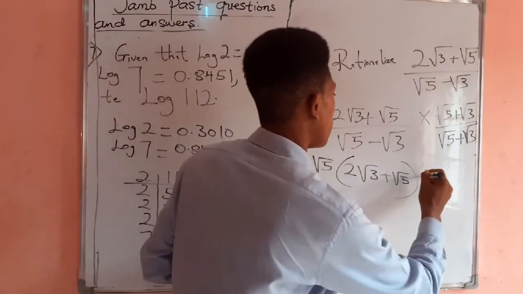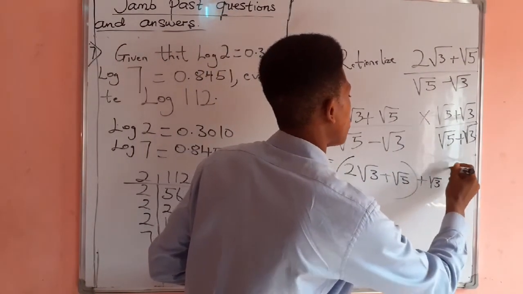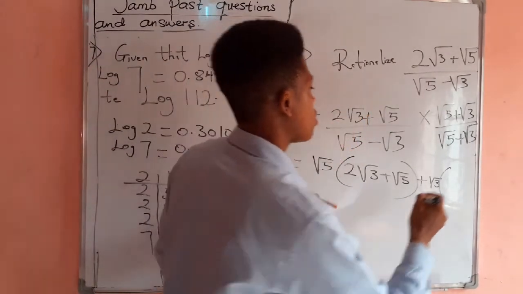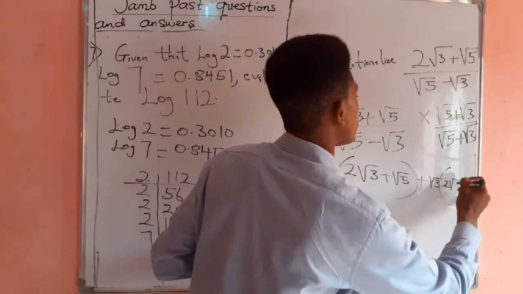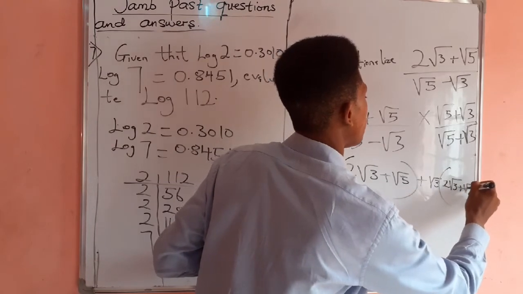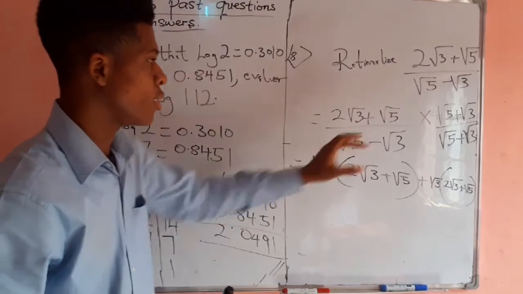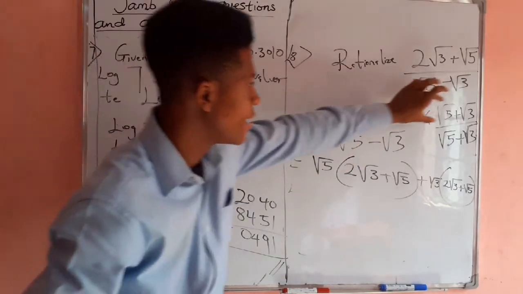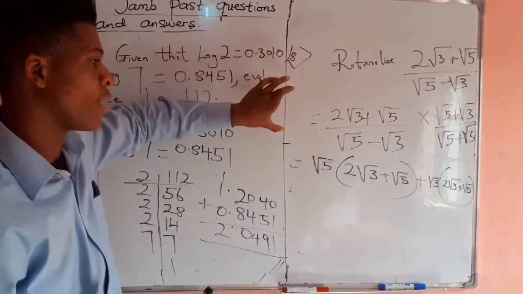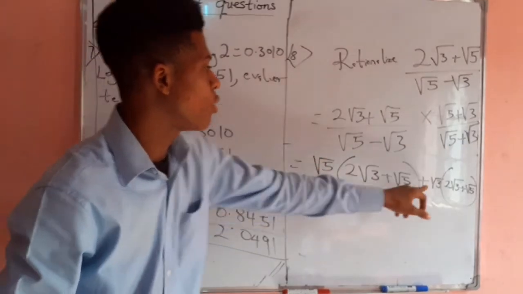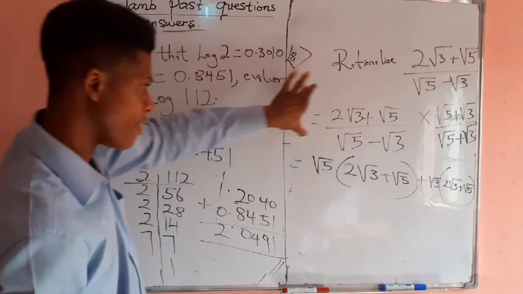You put your plus root 3, then 2 root 3 plus root 5 again. I hope you understood that. Root 5 multiplied everything here, plus root 3 multiplied everything here.